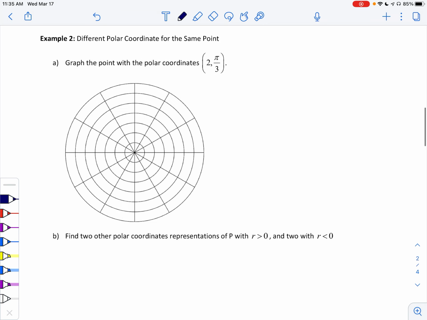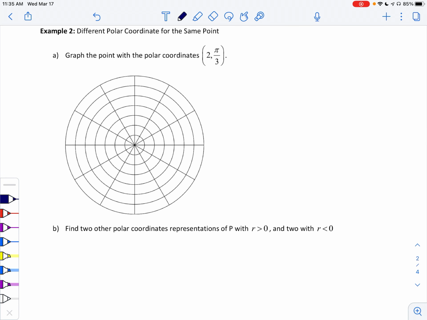So the first thing I want to do is just plot our point. We have the point 2 and pi over 3. So pi over 3 will be over here in quadrant 1, and then a radius of 2 just means we're going out 2 circles. And we have our point right there.